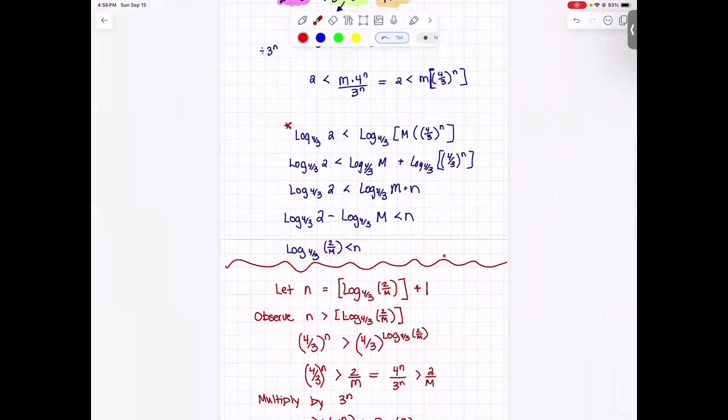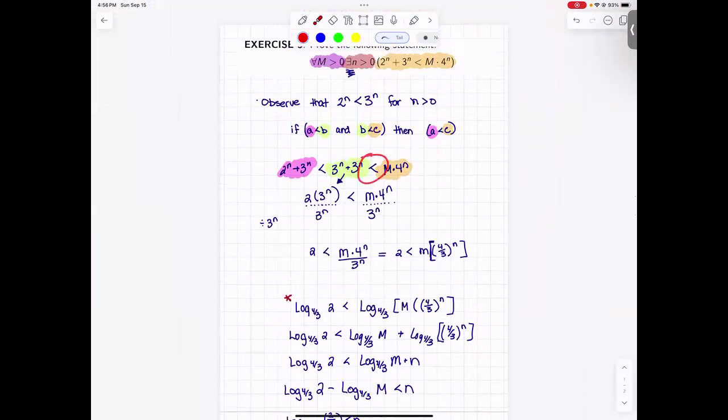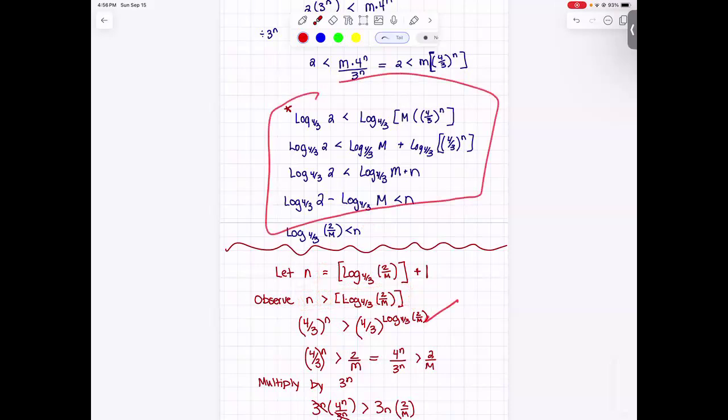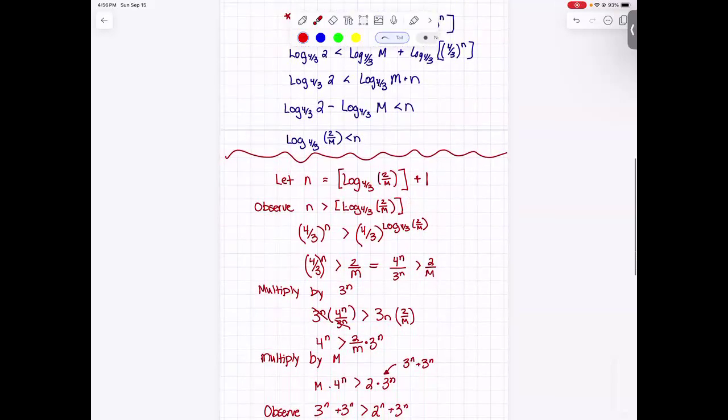And by that same sort of rounding up trick, because we knew we wanted our answer to be in an inequality type form, we wanted to observe that that n was strictly greater than the original one that we found over here. We want to get back to that inequality form, and here we have an equal sign. So that's why we do that observation. After we do that, we start to move that 4/3 all the way back through, just as we did through here. So we get that 4/3 back in there, and we're able to get rid of that log after we've done the 4/3 on each side, which brings us to right here.